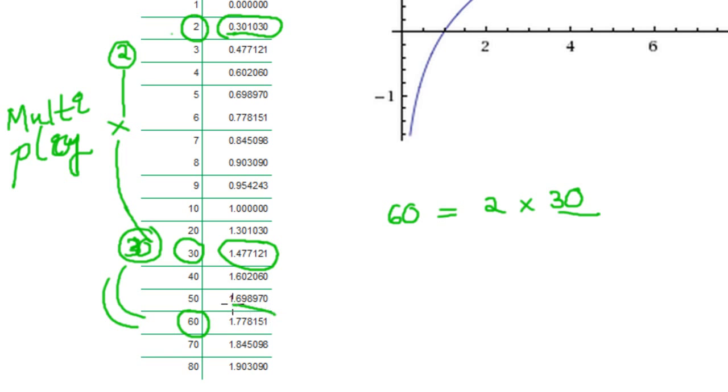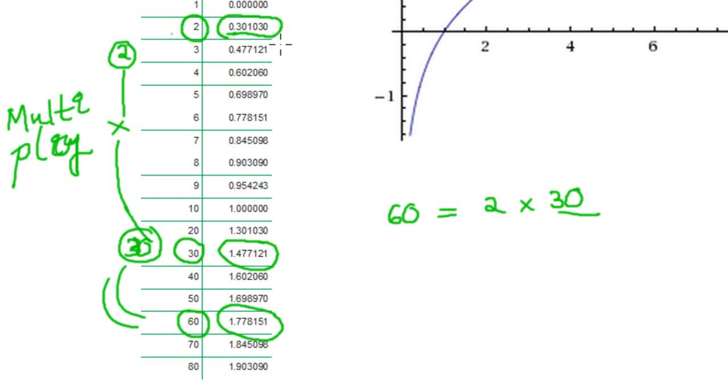This is the value of the logarithm of 60. Now, what is the relation between these numbers? This number is 0.301. This is 1.477. On adding these two, you get 1.778151, which is exactly the same as this.